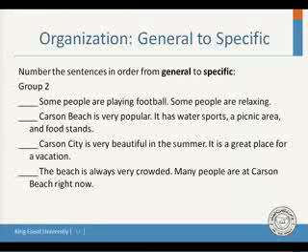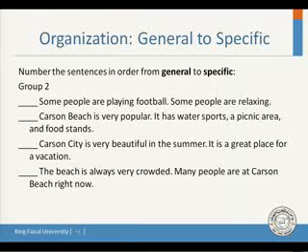Another group of sentences. Look at the sentences. Some people are playing football. Some people are relaxing. Do you think this is a general sentence? No, it's not a general sentence. It's a specific detail. Carson Beach is very popular. We have a place here. It has water sports, a picnic area, and food stands.